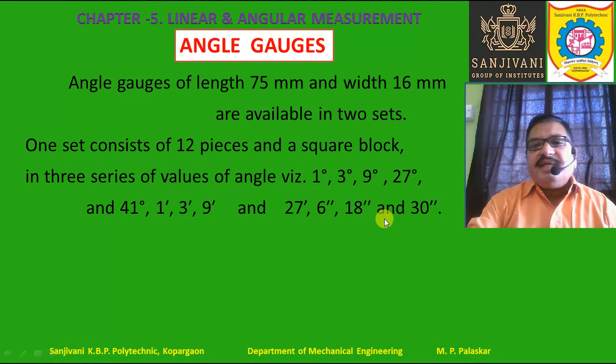So these are the various pieces of angle gauges which are available in this set, which consists of 12 pieces and one square block.